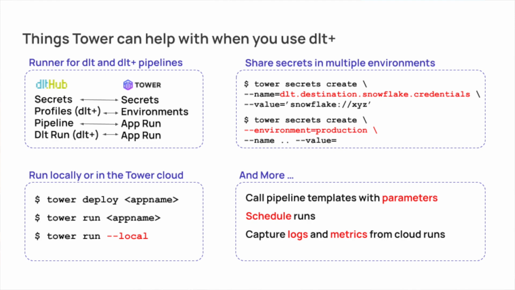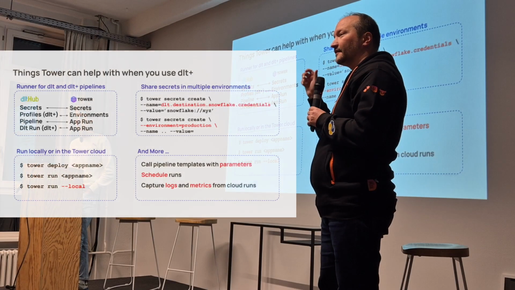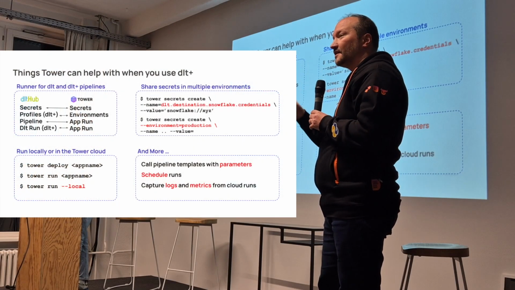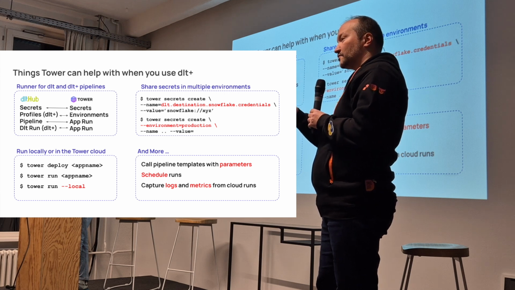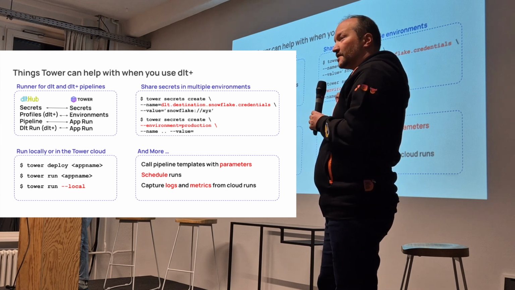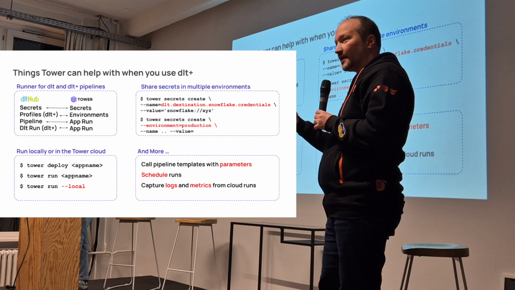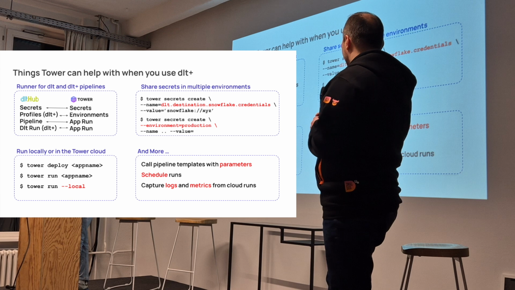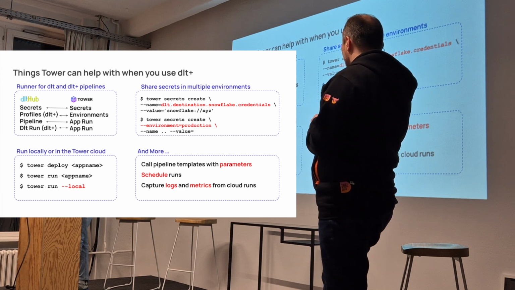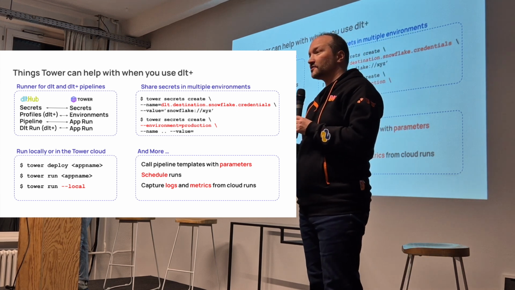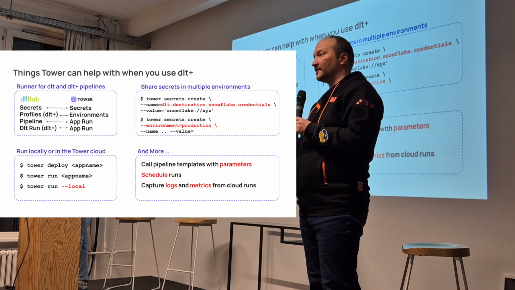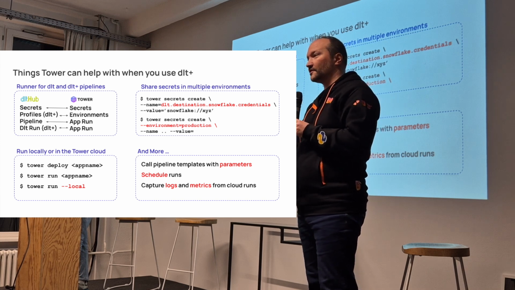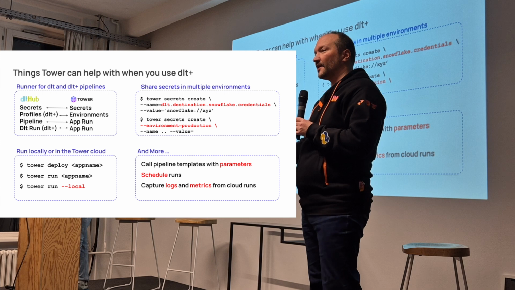I have a couple of examples for how to create and set specific DLT properties that you would use in your configuration using our command line interface. Very easy to do this. We also have several additional features. You can templatize your pipelines and use parameters to launch different jobs based on a single pipeline.